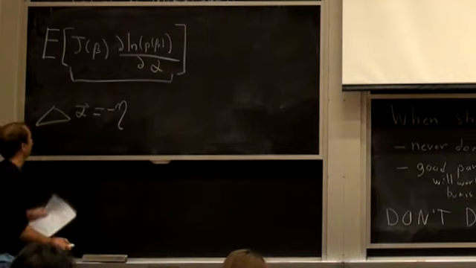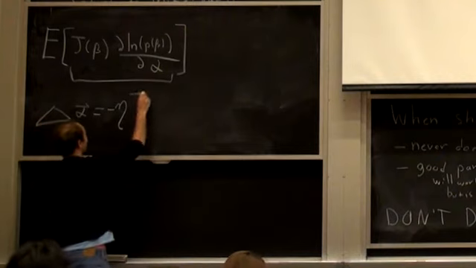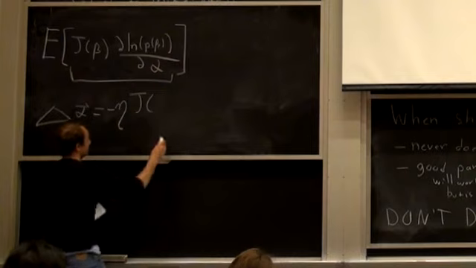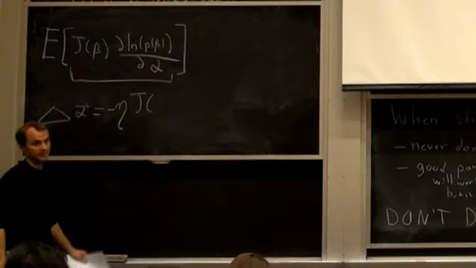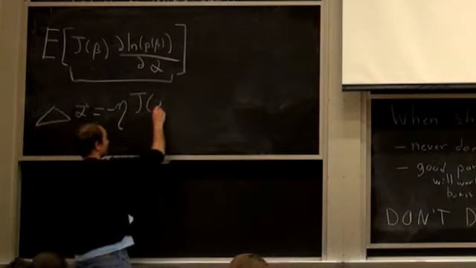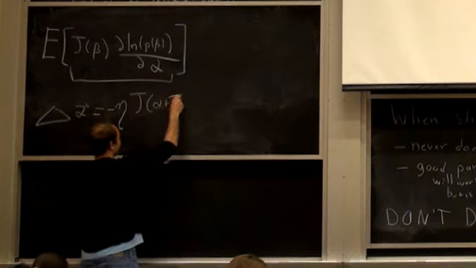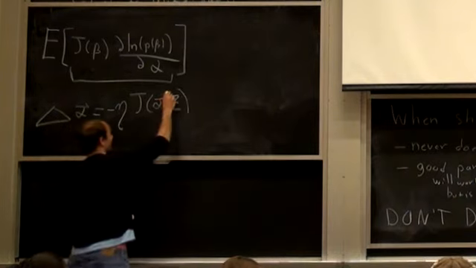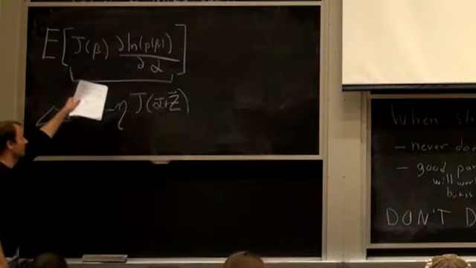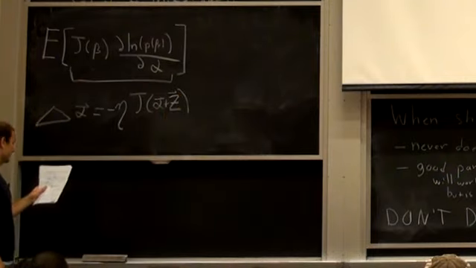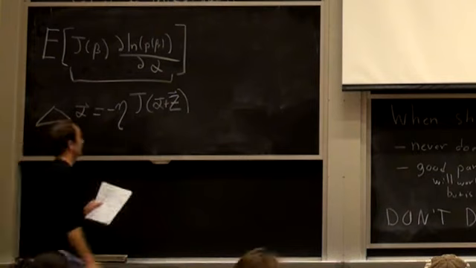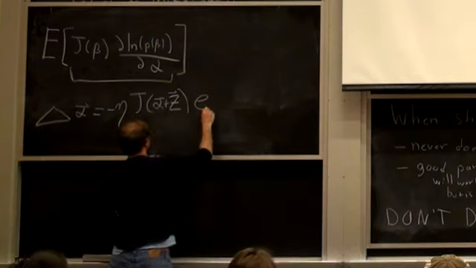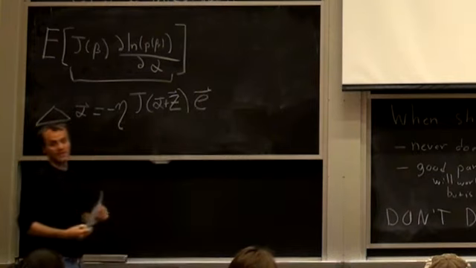Then you can make this J of beta, which we can write as alpha plus Z. And then something to represent that d ln P of beta, d alpha. We'll call that E, and we'll say that's called the eligibility.